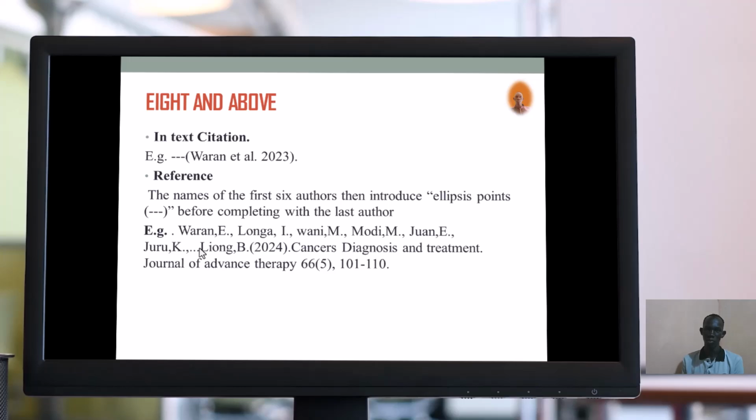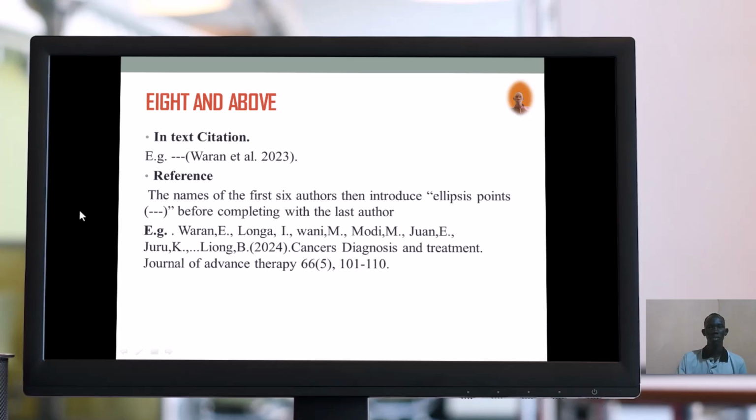So for the last name of the last author, then the year of publication, you put the title of the article, the journal, the volume and the issue, and then the page number. That's how we can cite for 8 and above authors.